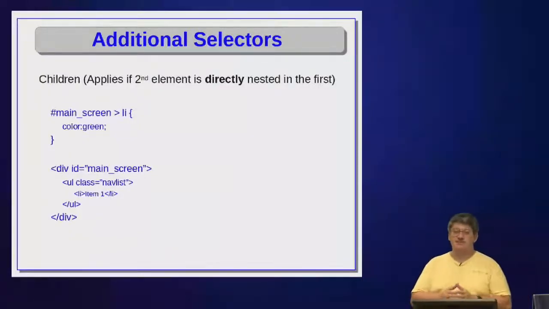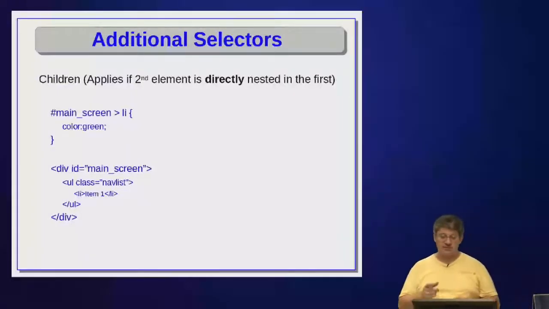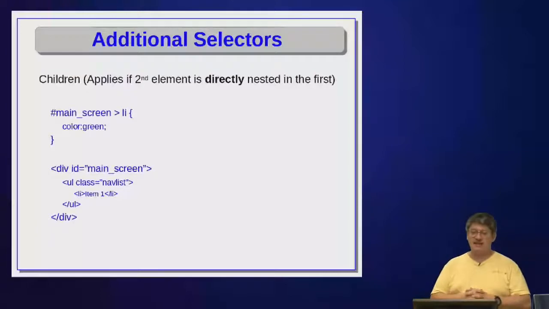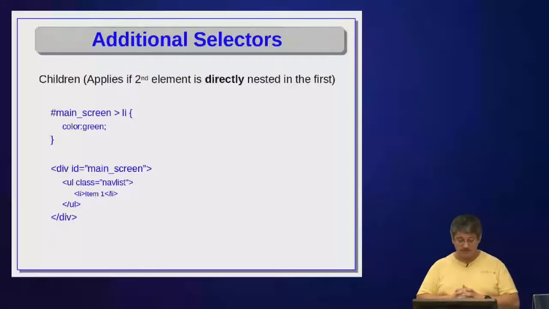CSS actually provides much more sophisticated queries, and we're not going to talk about all of them. I'm just going to really give you one more, and that's the greater than selector. The greater than selector allows me to combine two selectors into a new selector by specifying that one tag is an immediate child of the other.